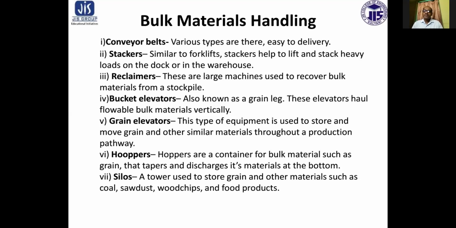Hoppers, these are containers for bulk material such as grains that taper and discharge their material at the bottom. Silos, a tower used to store grain and other materials such as coal, sawdust, wood chips, and food products.